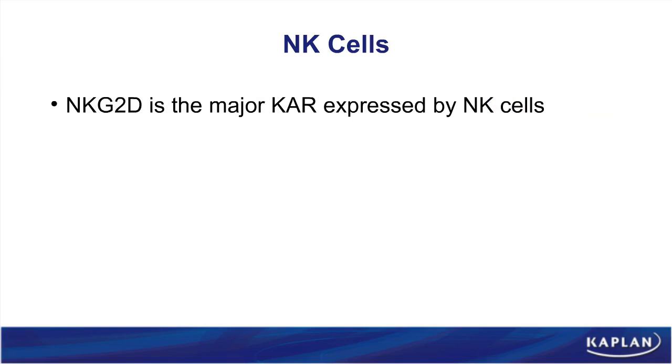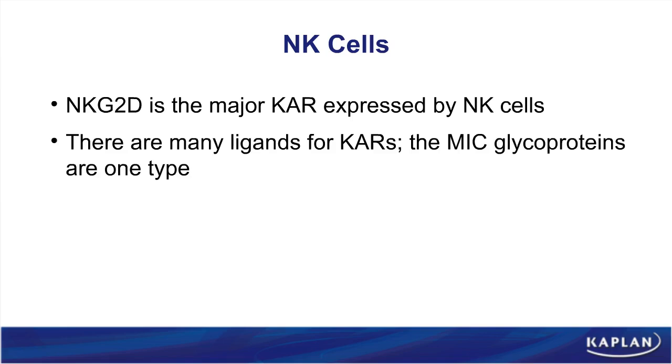So let's talk about the killer activating receptors. There are a couple of different KARs expressed by natural killer cells. NKG2D is the major one, and I don't think USMLE is going to expect you to remember the name, but essentially what the activating receptors are doing. Now, the activation receptors have lots of different ligands.